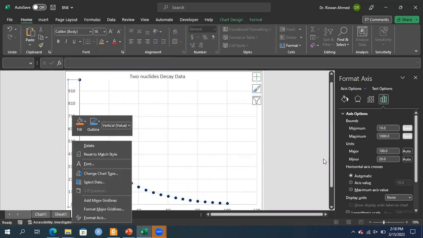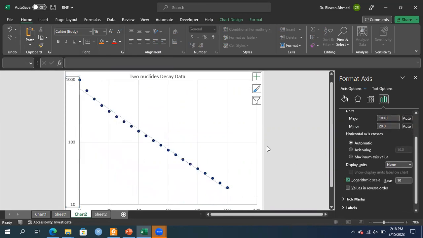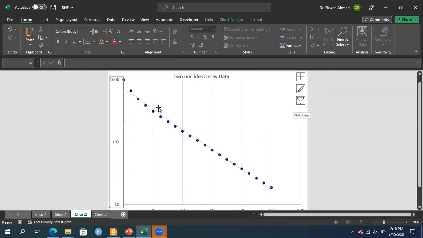On Microsoft Excel, I can change the axis, so set it to a logarithmic scale. Okay. And I see that the first few points over here seem to deviate significantly from a straight line.